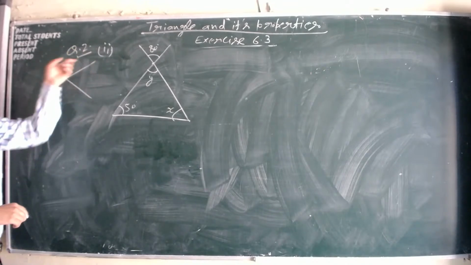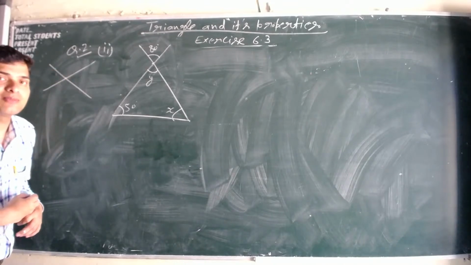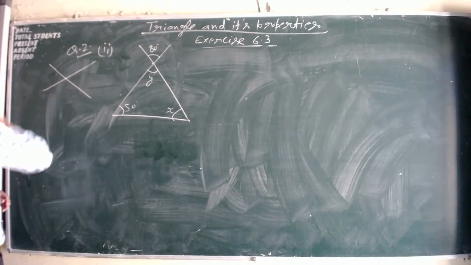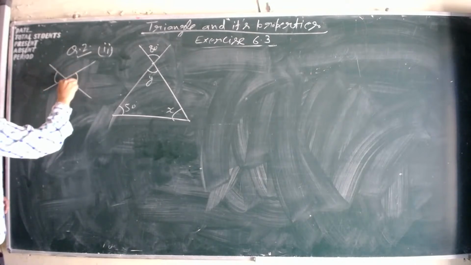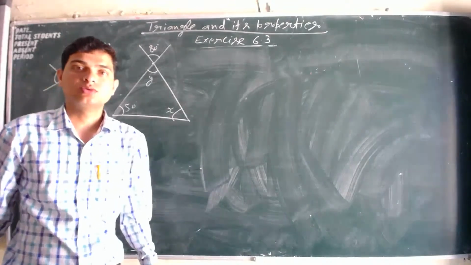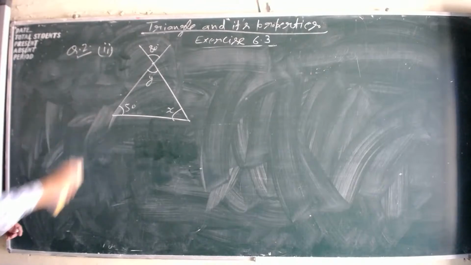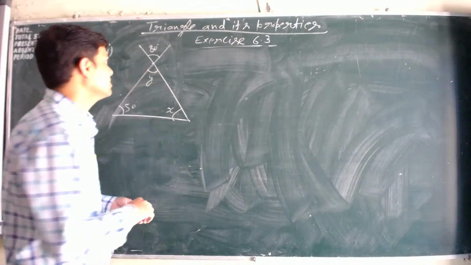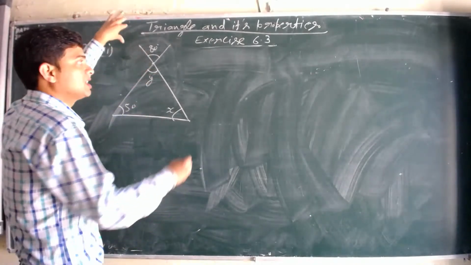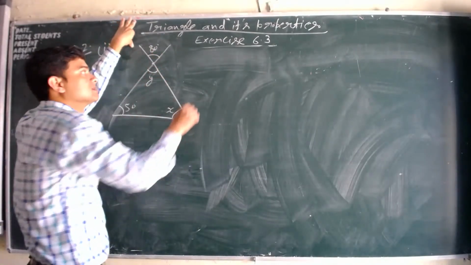Whenever two lines are intersecting with each other, the intersection point has pairs of vertically opposite angles. The vertex is the same, and the opposite angles formed should be equal. So we can put here the property that angle y is equal to 80 because these are vertically opposite angles.